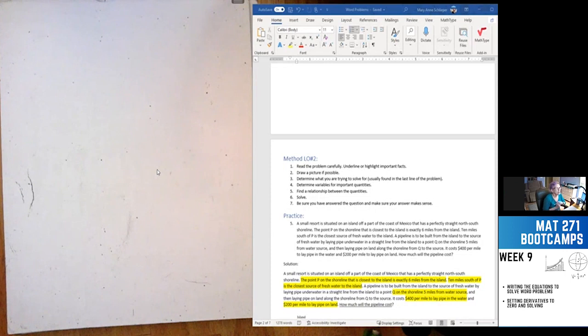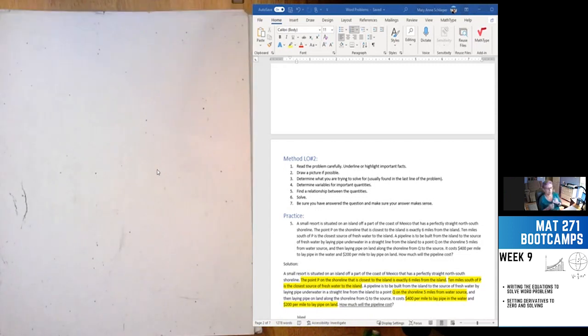You determine variables for the important quantities, find a relationship, you solve, and then at the end, always go back and be sure you answered the right question, and always go back and be sure that it's reasonable. If you get a negative number and you're trying to solve for a distance, then you know you did something wrong.